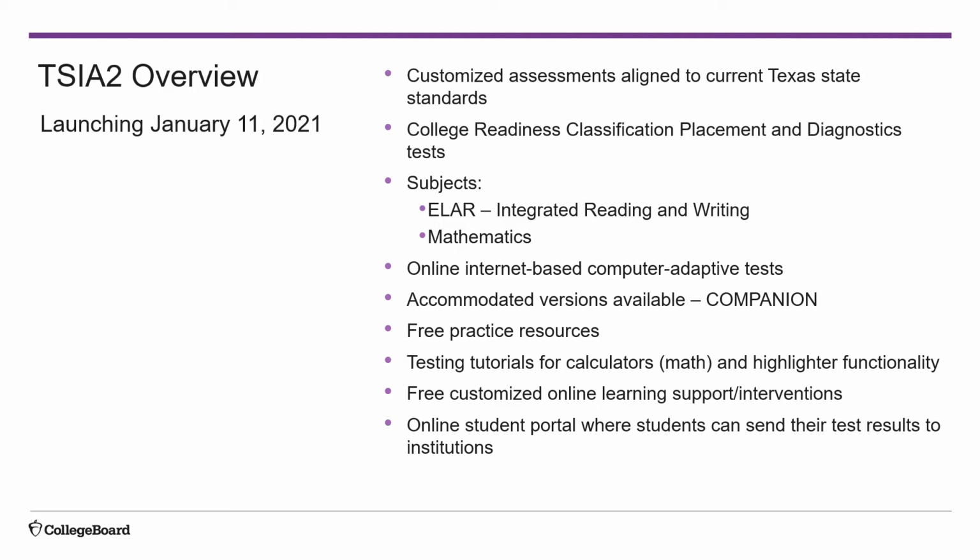The student portal provides improved transportability of test results. In addition to locating a test center and accessing free practice resources, the student portal allows students to access their test scores and have their scores sent directly to institutions, 3 at a time, completely free of charge. Students may also send scores directly to institutions, 3 at a time, from the demographic page prior to starting their test.